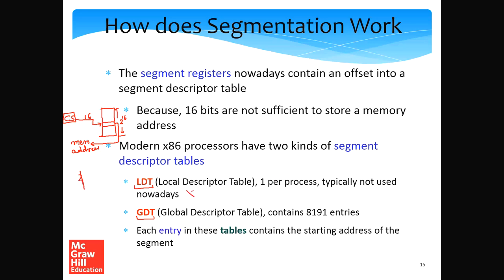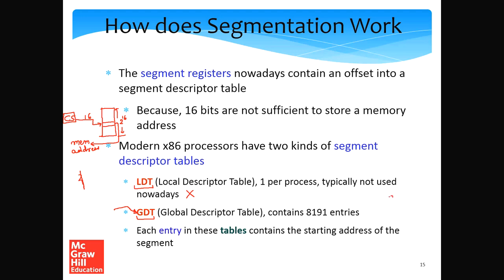If it's not used, we'll not discuss it. The GDT is a global descriptor table, so the GDT is what we will discuss. It does not have 2 to the power 16 entries because we will typically not need that many segments. This is slightly smaller. It contains 8191 entries.